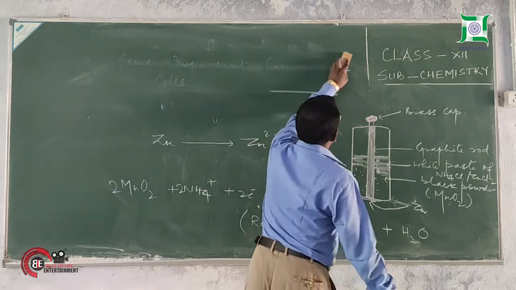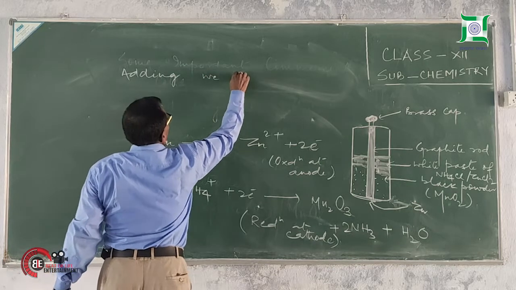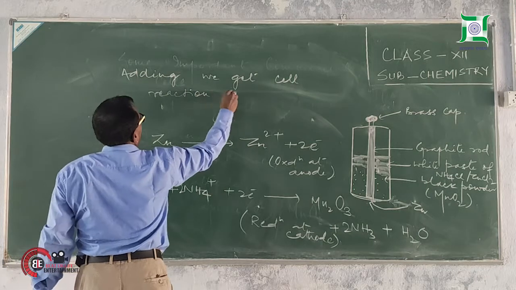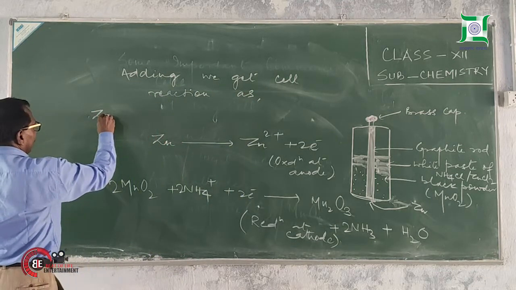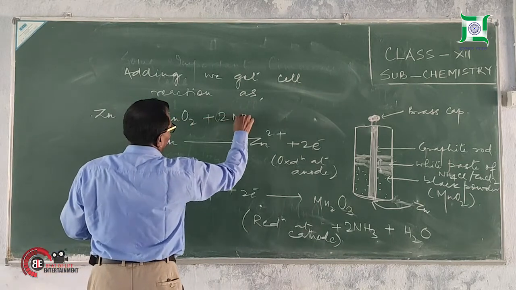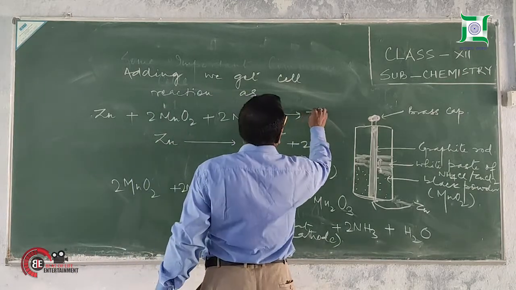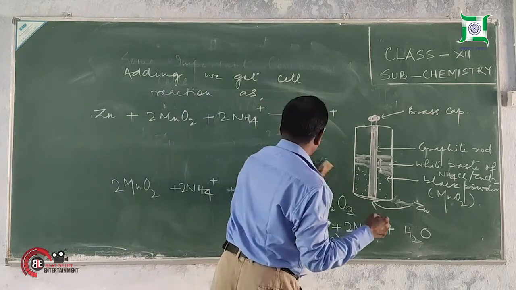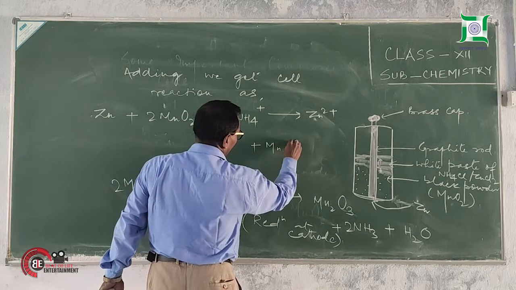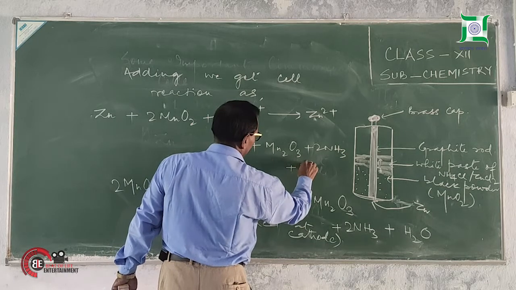So by adding these two reactions, we get the cell reaction as Zn plus 2MnO2 plus 2NH4+ gives Zn2+ plus Mn2O3 plus 2NH3 plus H2O.